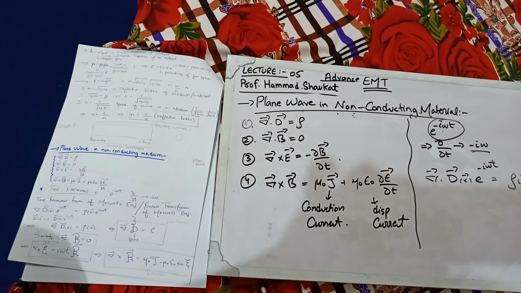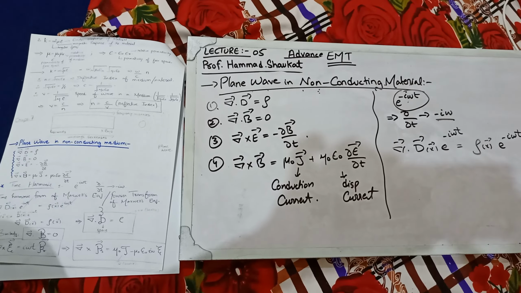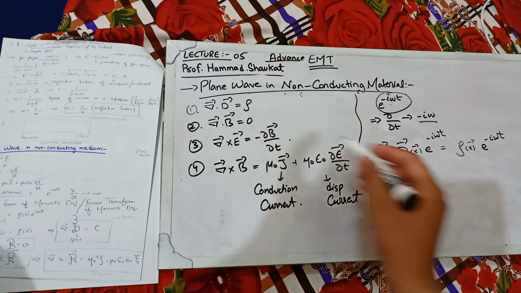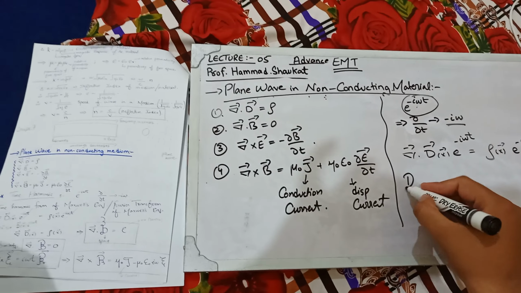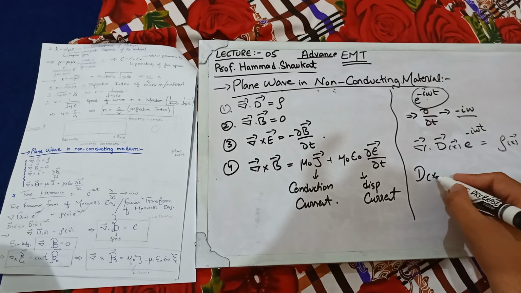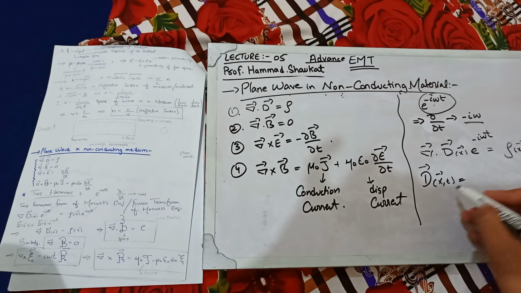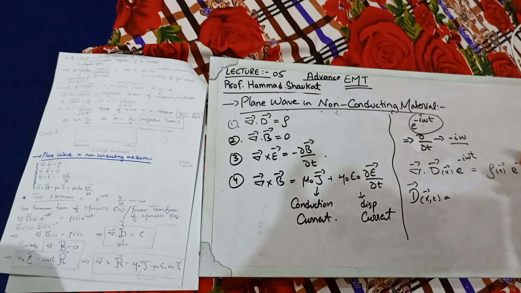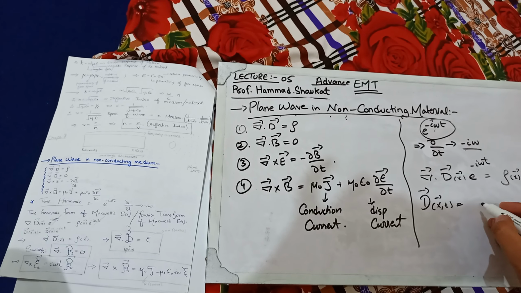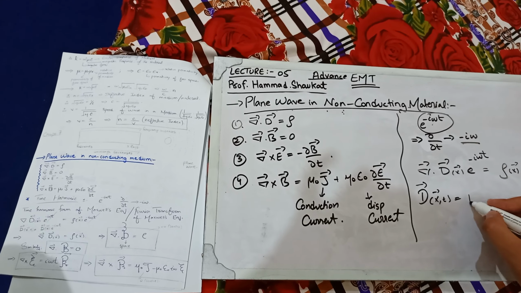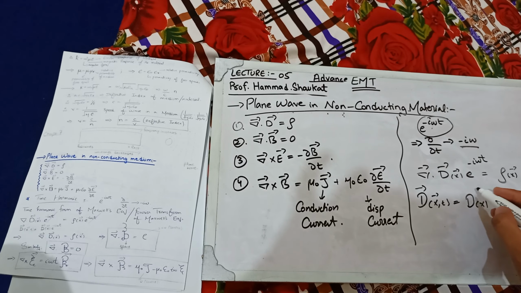What you can conclude from this is that this d in space-time is written as this, the electric field d, which can be written as d in the x direction.